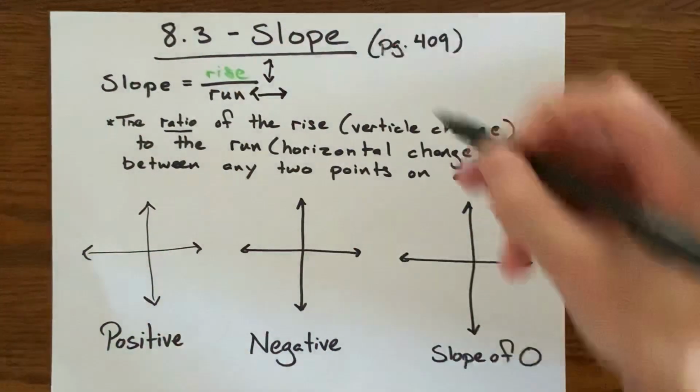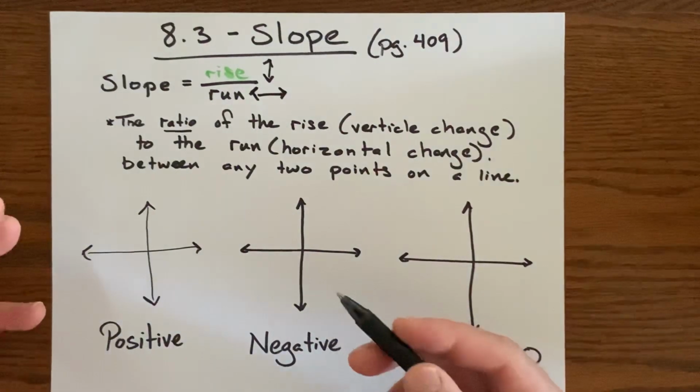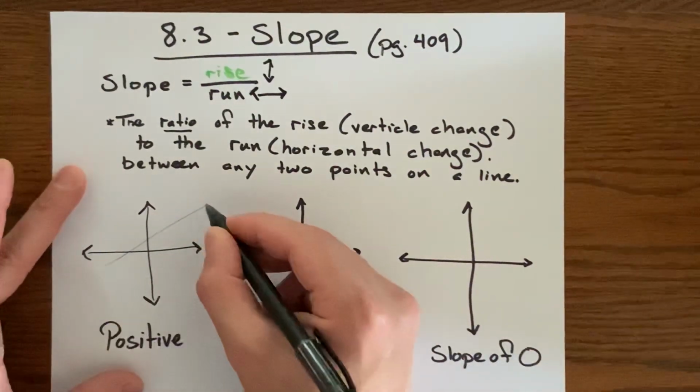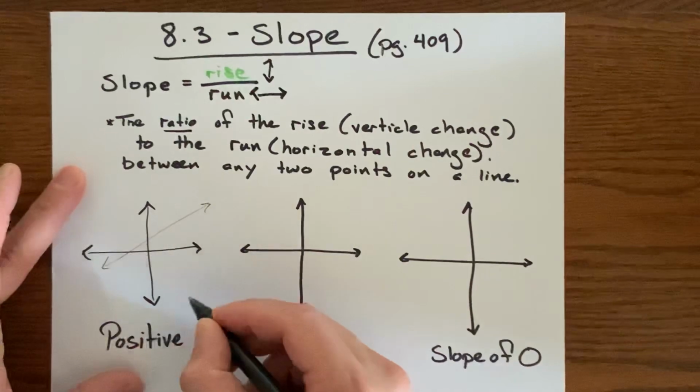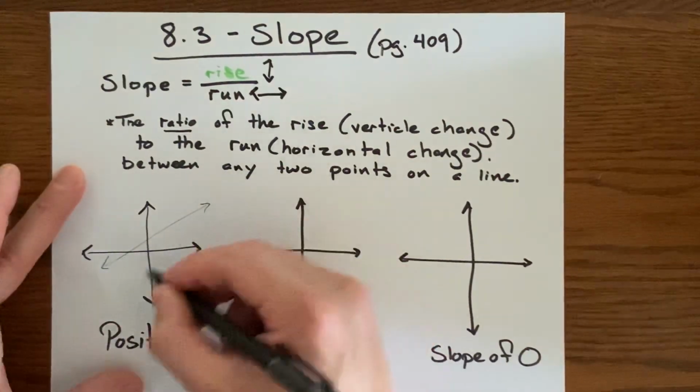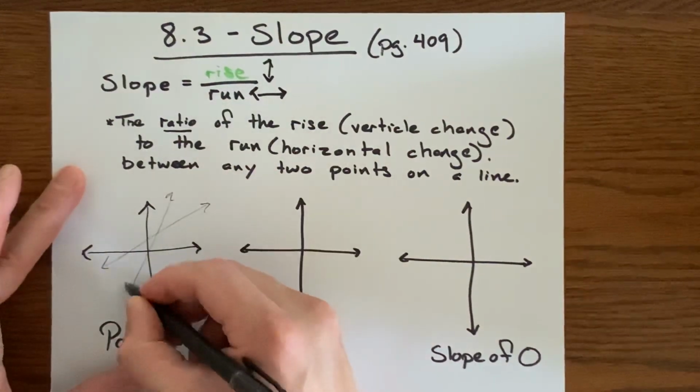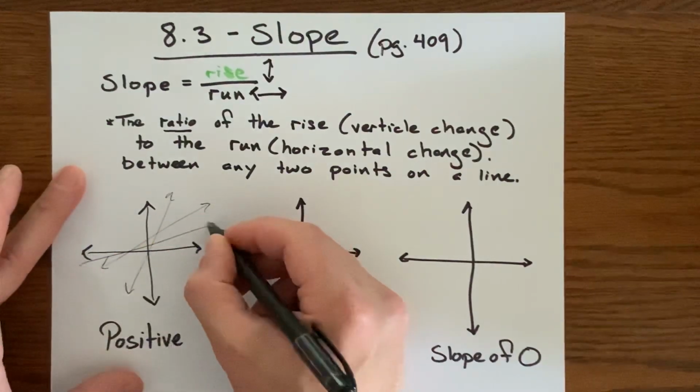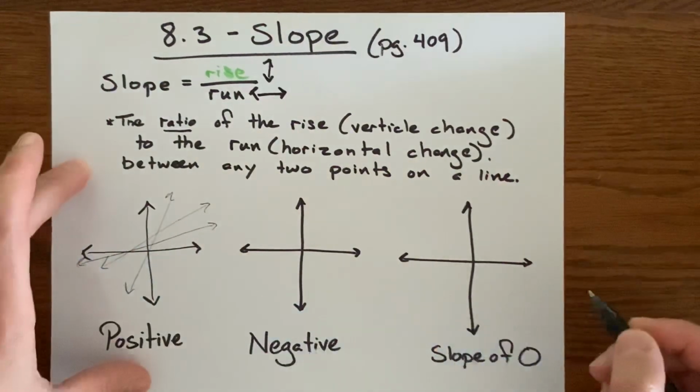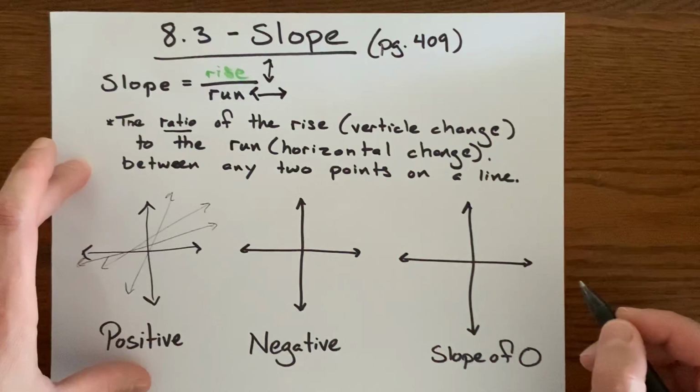Now, really simply first, if you have a line that looks like this, it could be anything moving in that direction. It could be this, could even be this. We refer to these as having positive slope.